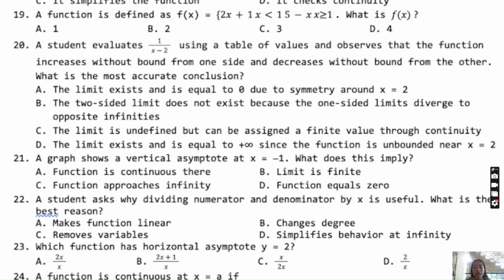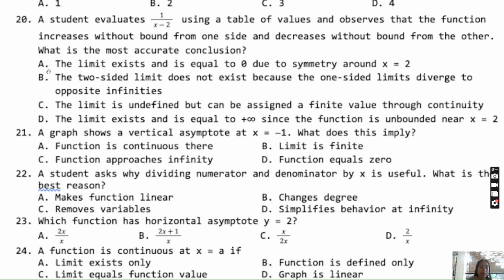What is f of x? So the answer is letter B, which is 2. Because to evaluate a piecewise function, we choose the rule that matches the given condition. Substituting it into the correct expression gives the value 2. That's why our answer is 2.